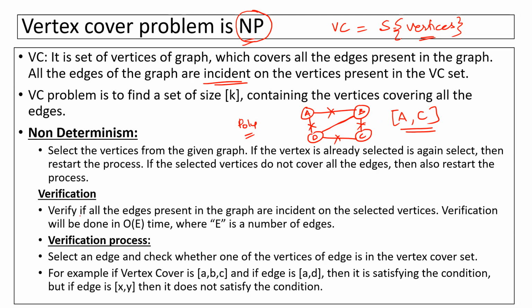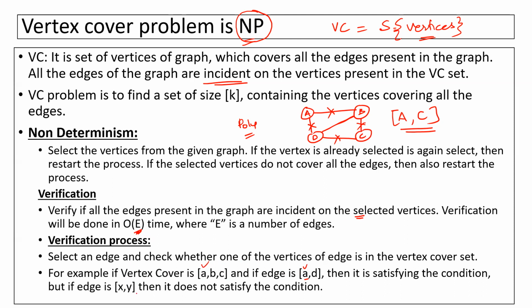So verification is nothing but verifying that all edges present in the graph are incident on the selected vertices. In how much time will it happen? It will happen in time order of E. So this is a simple example. If the vertex cover is ABC, then if the edge is AD, it satisfies the condition because A is in the vertex cover.